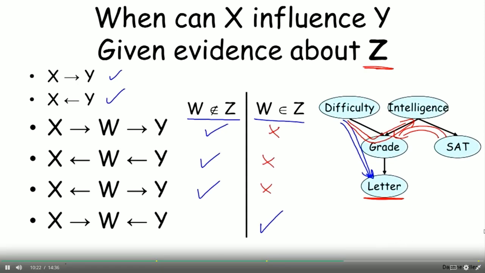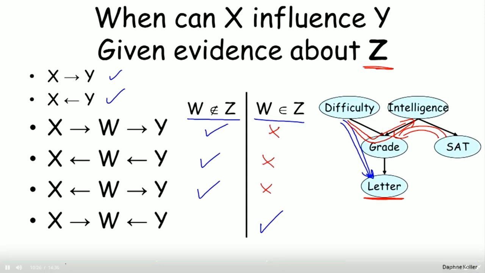What you'd actually like to say is that this is X if W and all of its descendants are not observed.